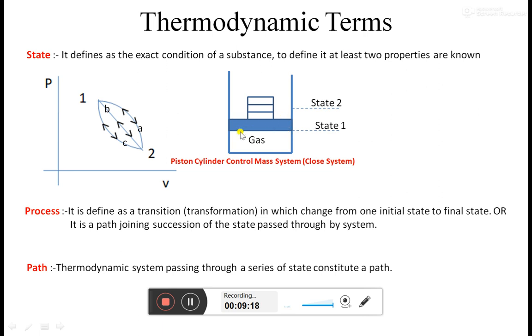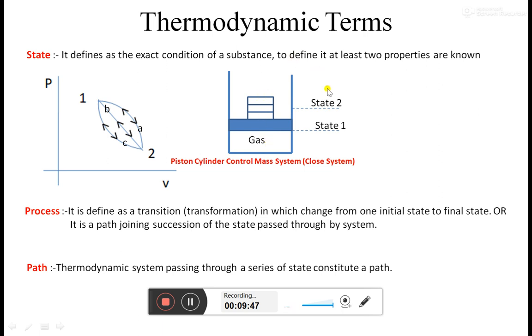So the boundary is shifting, or expanding, from state 1 to state 2, and the volume is also increasing, and pressure keeps dropping because it had high pressure.